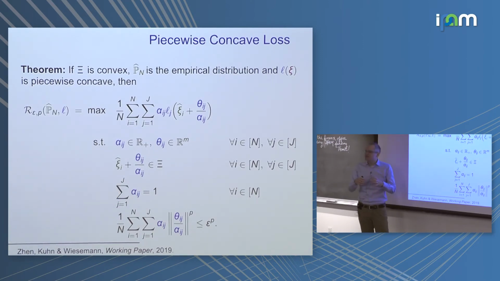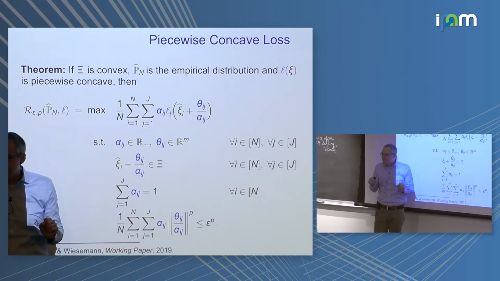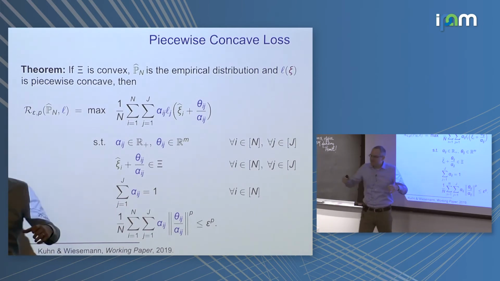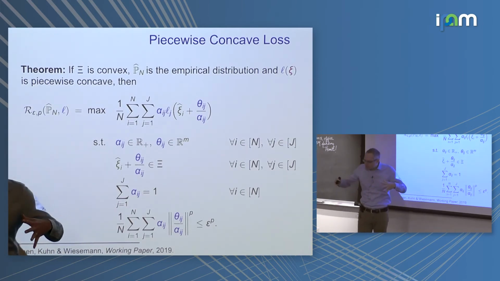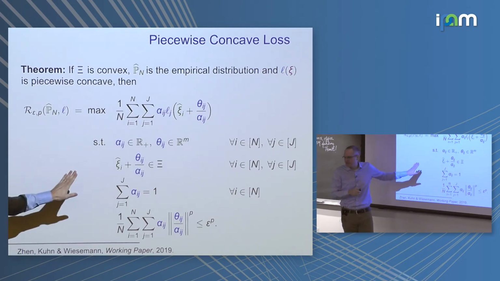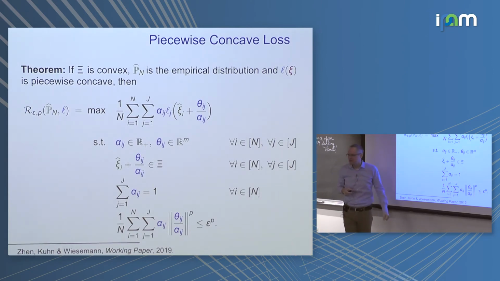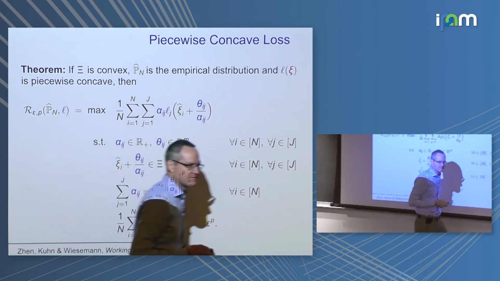But if you make the radius very, very big, and your loss function has somewhere a local maximum, say concave, then nature will try to push probability mass to the maximum of the loss function. And if the transportation budget, so the radius epsilon of the ball, is big enough, it will actually be able to move all the probability mass to the local maximum. Then this reduces to the absolute worst case of the loss, not the worst case expectation. And that can happen, and then the constraint wouldn't be binding anymore.